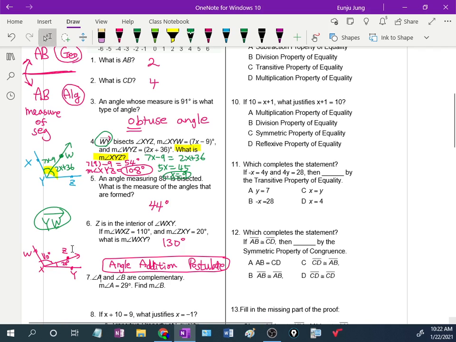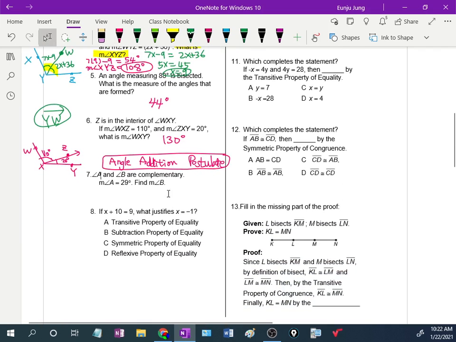Okay, next. Question number 7. What is the number for complementary? Complementary, supplementary, always confusing, right? So complementary is 90 degrees. So for number 7, let's draw a 90-degree angle. And then let's put a bar, and then let's say one is 29, okay.